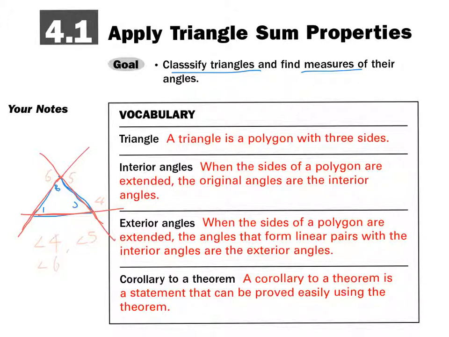So angle 6 and 3 also form a linear pair. And angle 7 and 1 form a linear pair. Angle 8 and 1 form a linear pair. And angle 9 and 2 form a linear pair. So all of these angles that form a linear pair with the interior angles, those are called exterior angles.